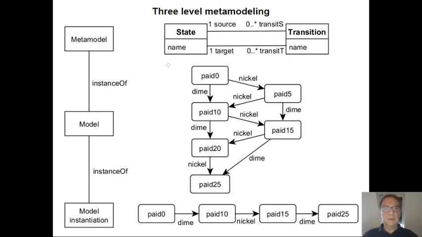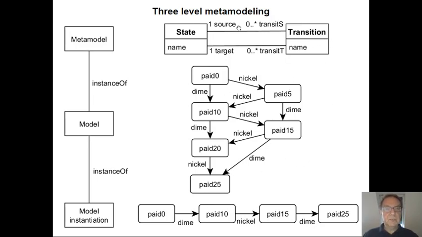And in the meta model, we have two classes. Namely, we have the class State, we have the class Transition. The states correspond to the rounded boxes here. The transitions correspond to the arrows or to the edges in the graph. States correspond here to the nodes in the graph. Transitions correspond to the edges in the graph.